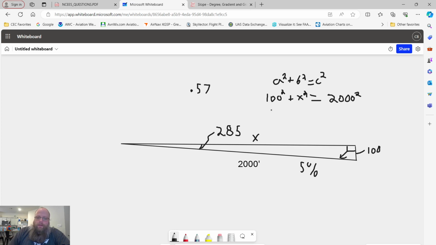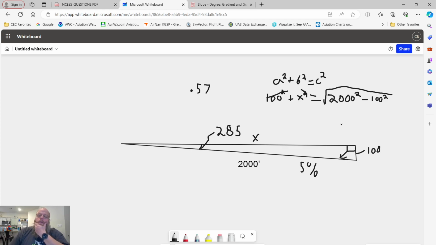Okay, so now all we got to do is some basic rearranging. If we want to get rid of that, we just subtract it. It's minus 100 squared. Crossing that out. If we want to get rid of the squared, we're going to take the square root.